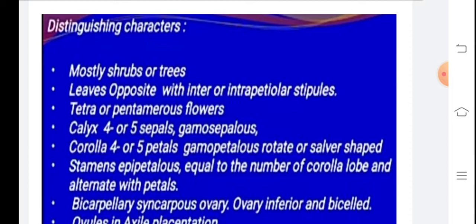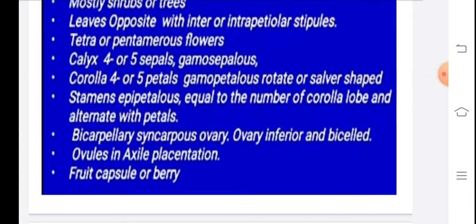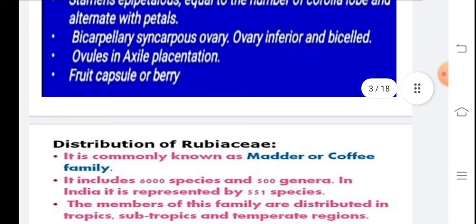For tetramerous or pentamerous, the corolla condition is considered. Then stamens are epipetalous, equal to the corolla lobes, that is 4 to 5. Then bicarpillary syncarpous ovary, that is bilocular ovary, so therefore it is bicarpillary. Ovary is inferior and bilocular. Inferior, that is all floral parts develop above the ovary. So we will see the photographs here.